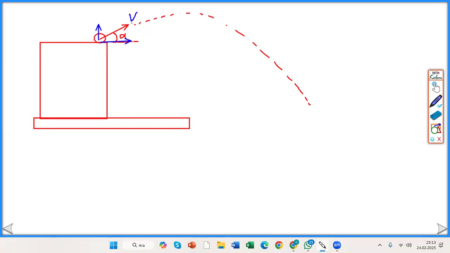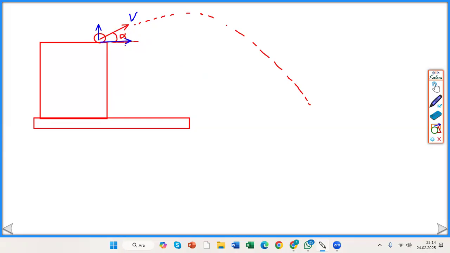It is a projectile motion, but the vertical component of that velocity v behaves like the motion on a vertical line going up. During that motion, sometimes it is going up and sometimes it is going down.